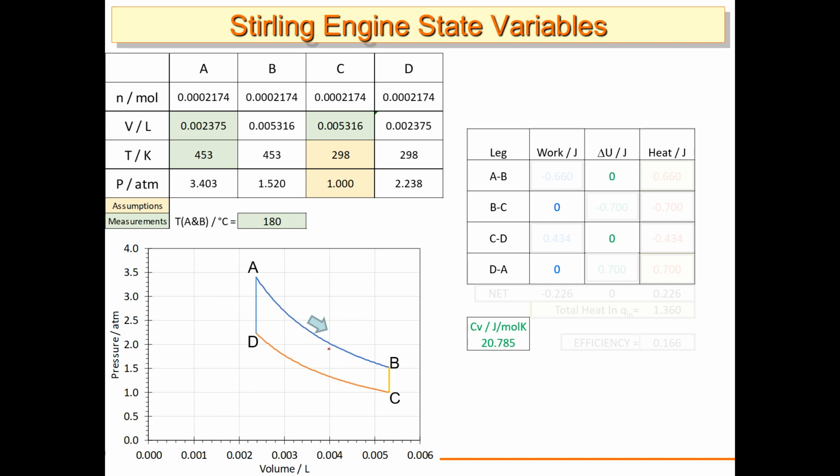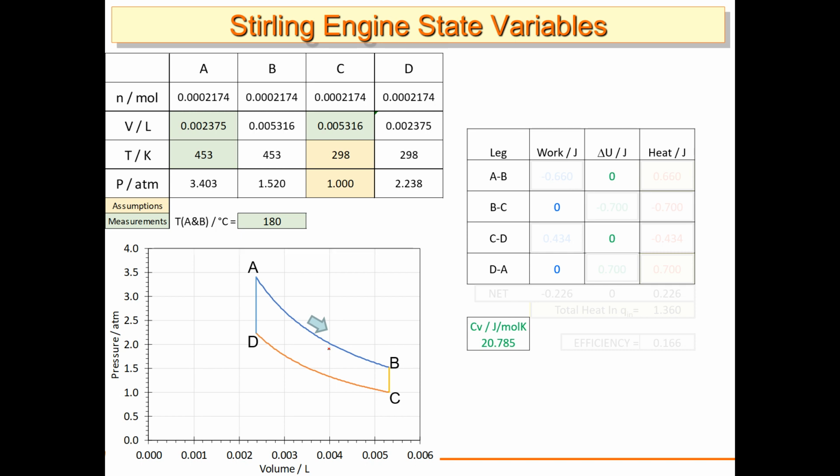But if we run this backwards, it takes work and is converting that work into heat and moving heat from the cold to the hot. It's making the cold and hot further apart, or trying to. So it's pumping that heat. So that would be a heat pump, but we're dealing with a heat engine. And so we're wanting to get work out, and we want to put in heat.